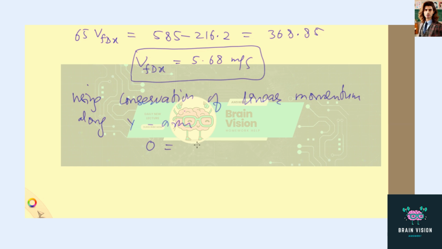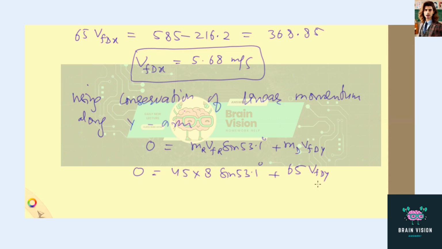After the collision, for Rebecca this is m_R v_fR sin 53.1 degree, plus for Daniel m_D v_fDy along the y-axis. Plugging in the known values, it comes out to be 45 kilogram into 8 meter per second into sin 53.1 degree plus 65 kilogram into v_fDy, which is missing.